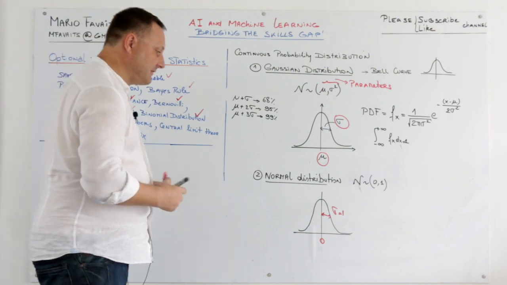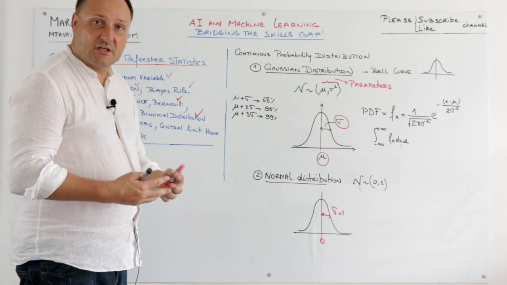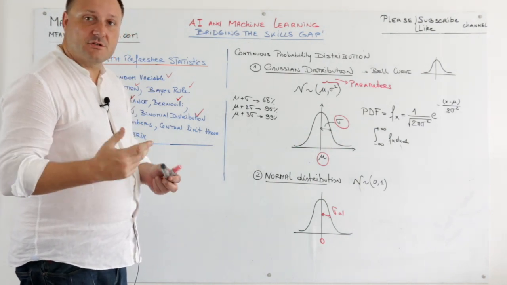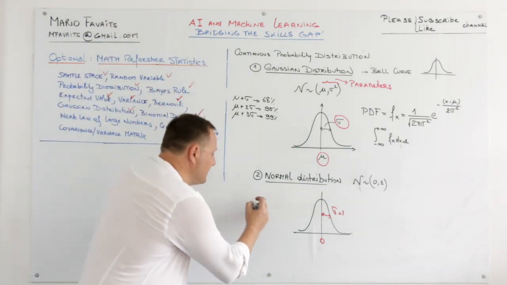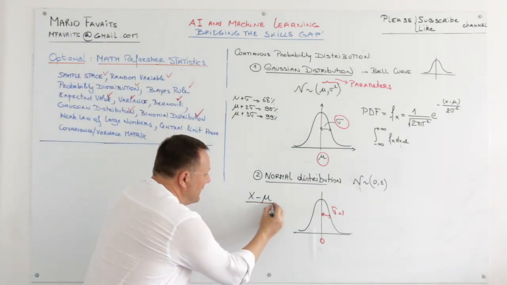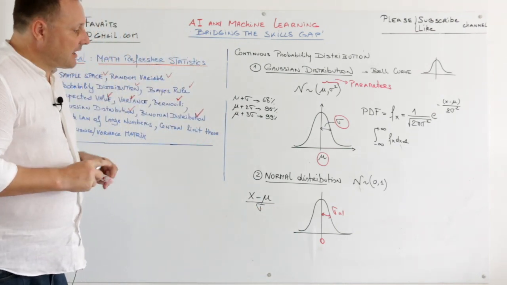The way we do this is we scale the features. Sometimes we do this in machine learning. It's good practice to do feature scaling or feature normalization. So basically what you do is you subtract the mean from your point and you divide by the standard deviation. That's how you normalize.